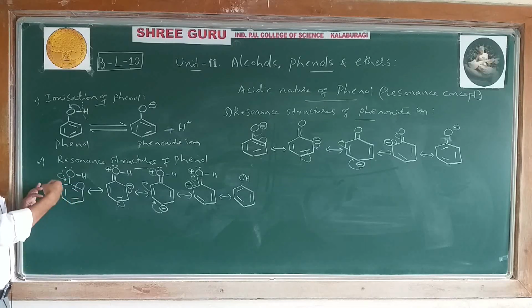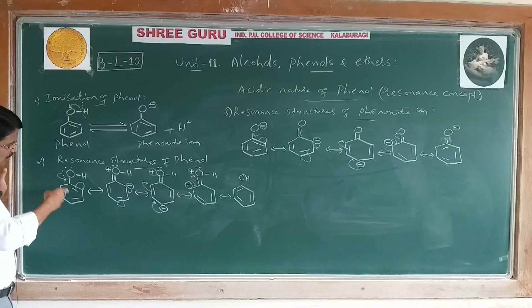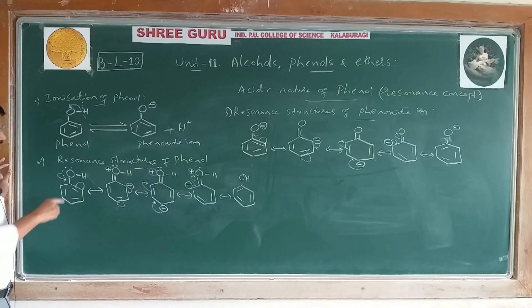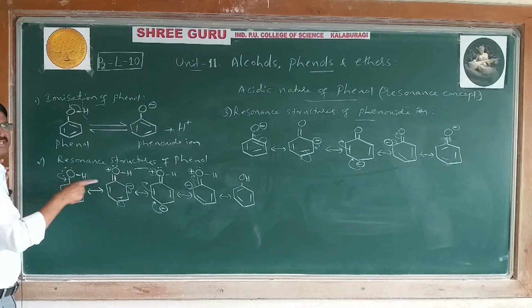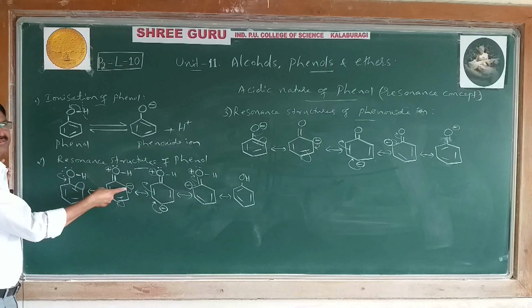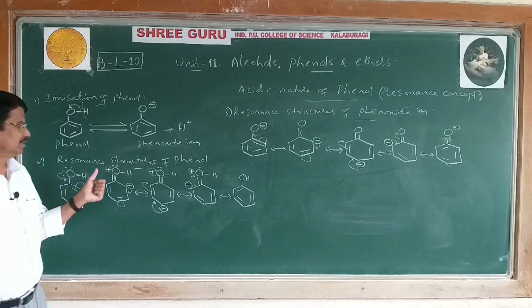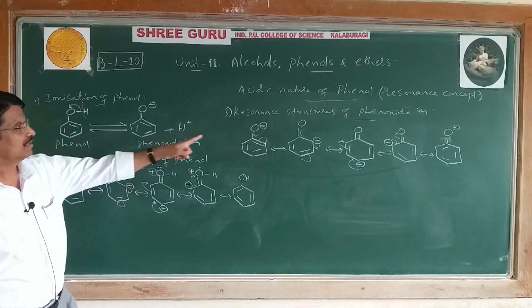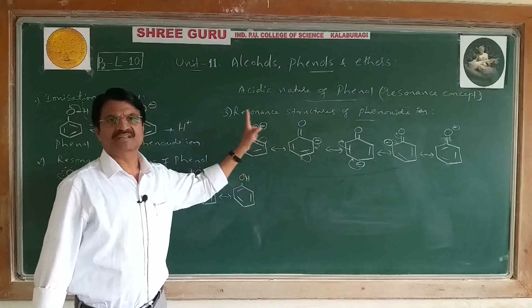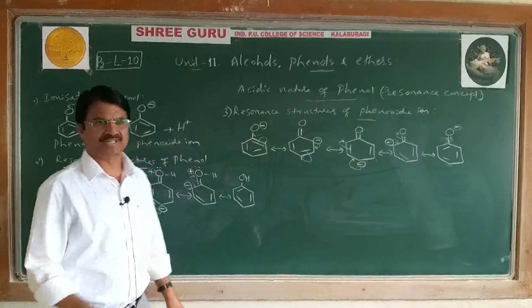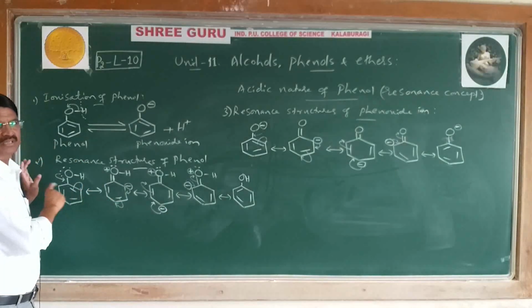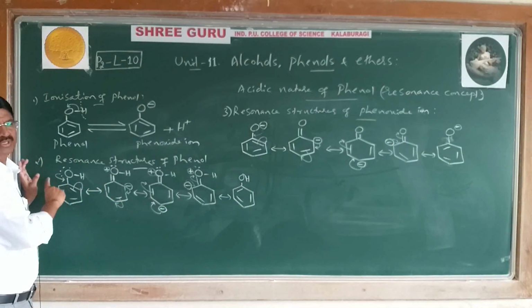It withdraws the electron towards itself. Hence, it undergoes resonance, and due to resonance, oxygen and carbon of the ring acquire positive and negative charge, meaning charge separation occurs. Here charge is delocalized, but in phenol charge separation occurs due to resonance.